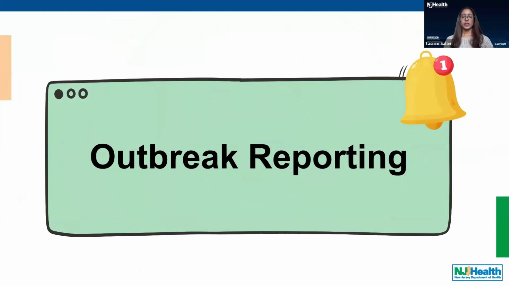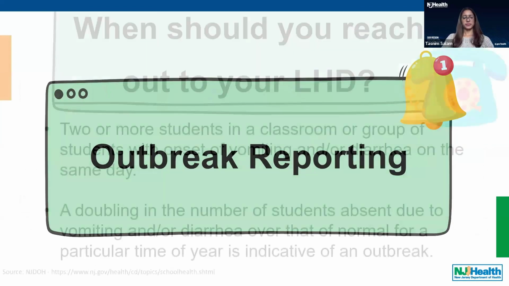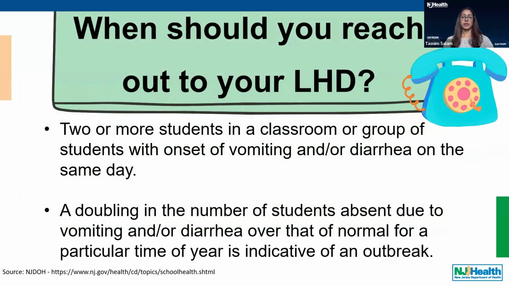So now that we've covered outbreak detection as well as outbreak management, let's talk about outbreak reporting. While norovirus outbreaks are most common from November to April, they can actually happen at any time during the year. The New Jersey Department of Health Norovirus Outbreak Guidance recommends that you reach out to your local health department when there are 2 or more students and/or staff in a classroom or group who have vomiting and/or diarrhea on the same day.